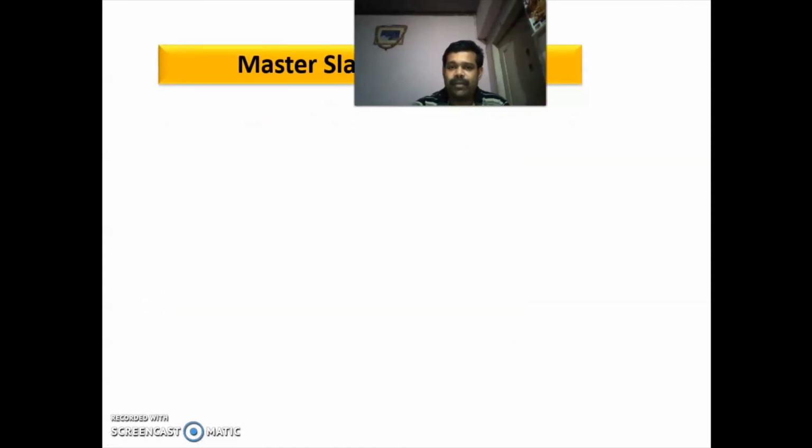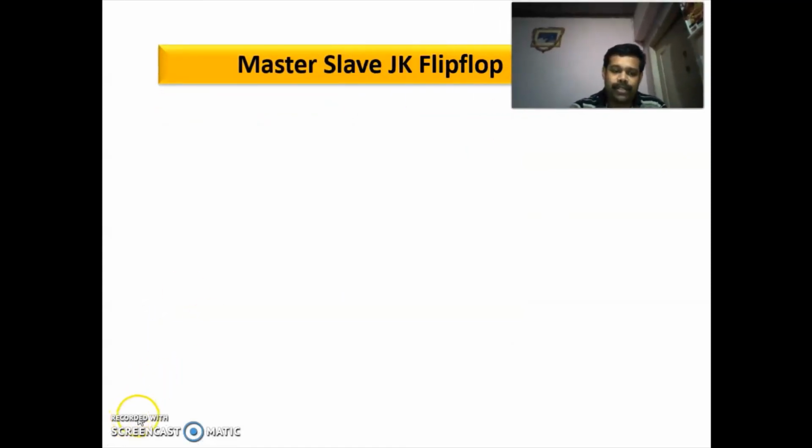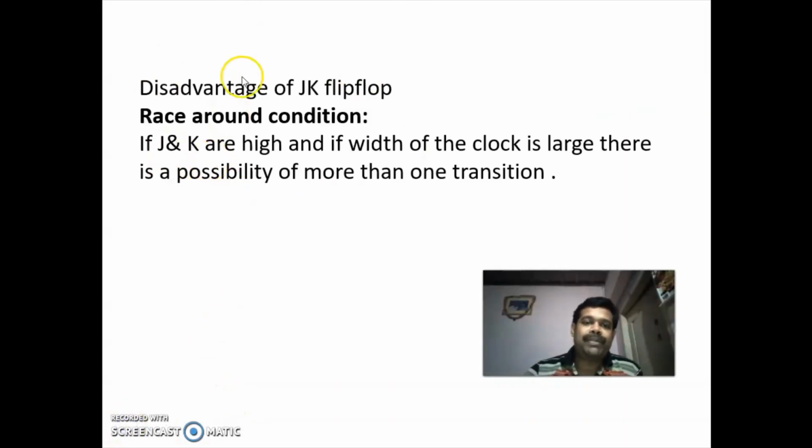Next we are going for the master slave JK flip-flop. Our JK flip-flop has one disadvantage. It is called the race around condition. If J and K are high, that is, if the values of J and K are 1, and the width of the clock is large, there is a possibility of more than one transition.